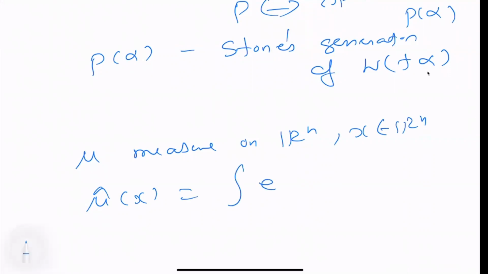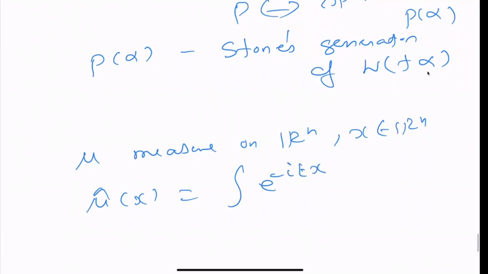Some people write itx, it doesn't matter, then you have to change everywhere. That's all. The integral of e power itx d mu x. This is integrable because that has modulus 1, so this is integrable over Rn. So if mu is a measure on Rn, mu hat x is defined by this. This is what is called a characteristic function, or a Fourier transform of this measure.